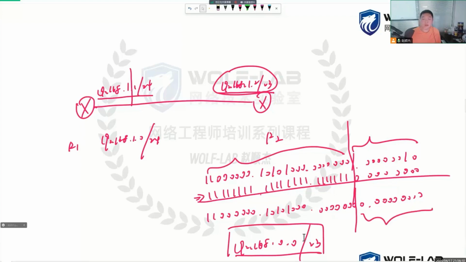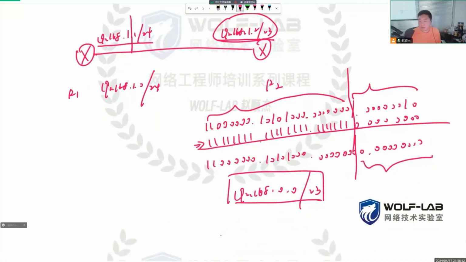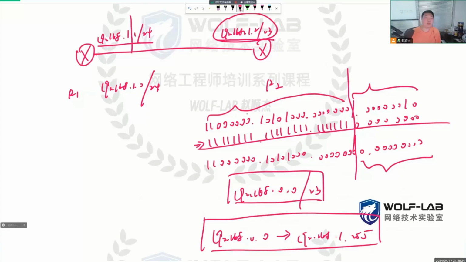R1 belongs to 192.168.1.0/24, and the host addresses contained in this network segment start from 1.0. I take all addresses up to 192.168.1.255. So R1 recognizes 1.0 to 1.255, and R2 recognizes 0.0 to 1.255.